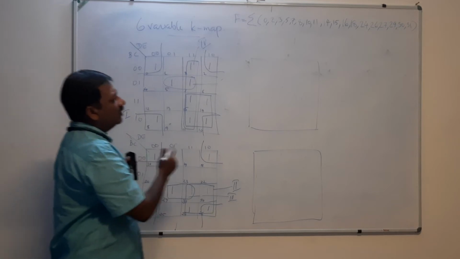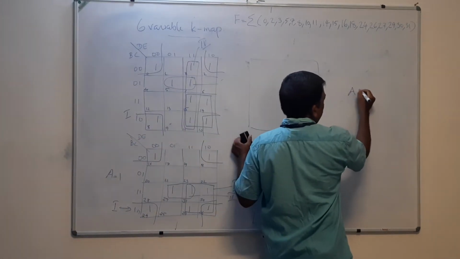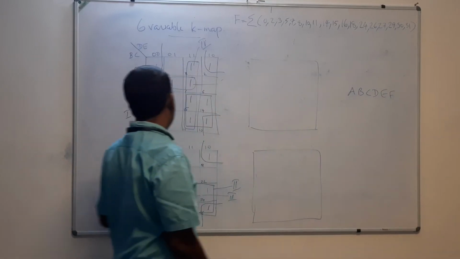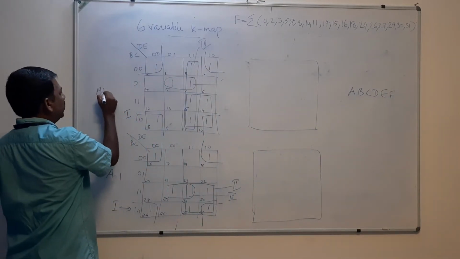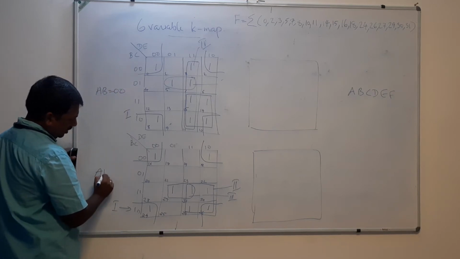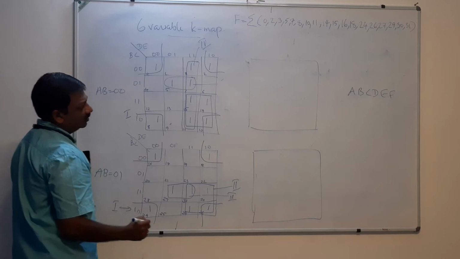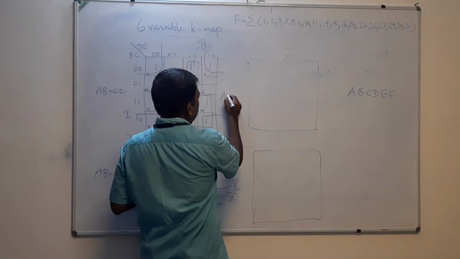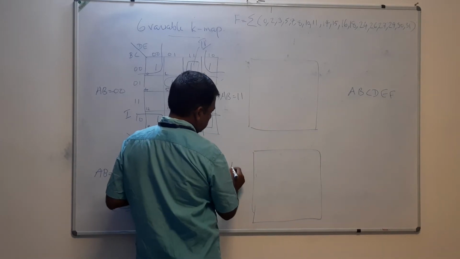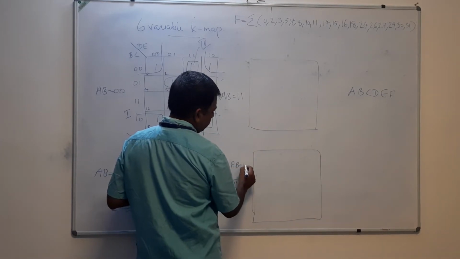Now how many variables are there? A, B, C, D, E, F. Now this one stands for AB equal to 0 0, this is AB equal to 0 1, this is AB equal to 1 1, and this is AB equal to 1 0.